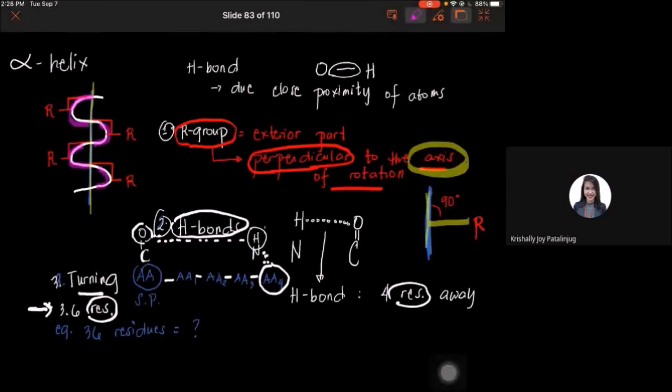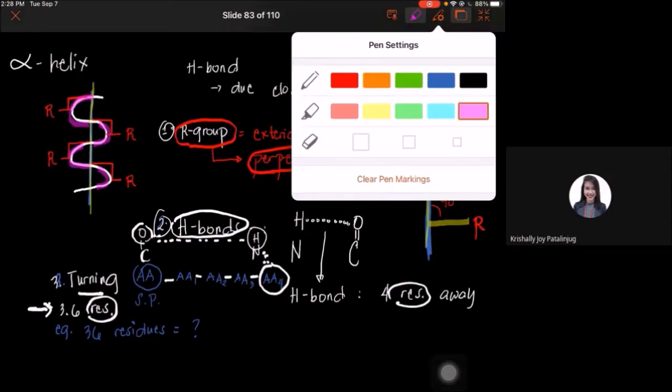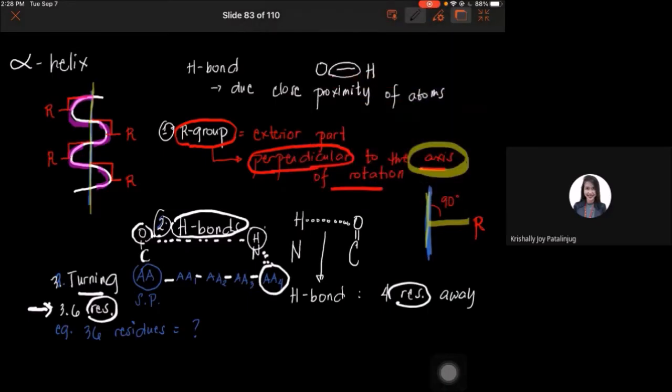Kung 36 residues ang bumubuo ng isang polypeptide chain, then ibig sabihin, yung representation natin sa turns is meron kang isa, dalawa, 3, 4, 5, 6, 7, 8, 9, 10 turns. Okay? So, 10 turns. So, klaro na yung mga characteristics.